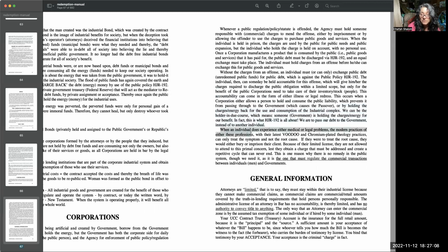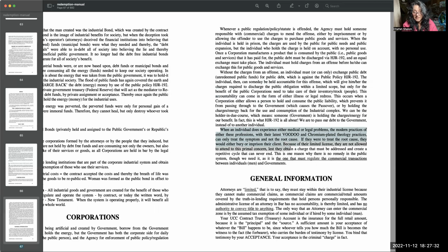When an individual does experience either medical or legal problems, the modern practices of either these professions, with their latest voodoo and chromium-plated theology practices, can only treat the symptom and not the root cause. If they were to treat the root cause, they would either bury or imprison their client.